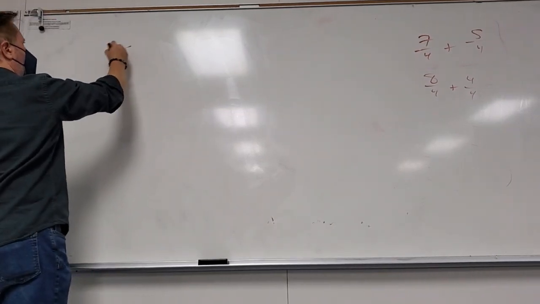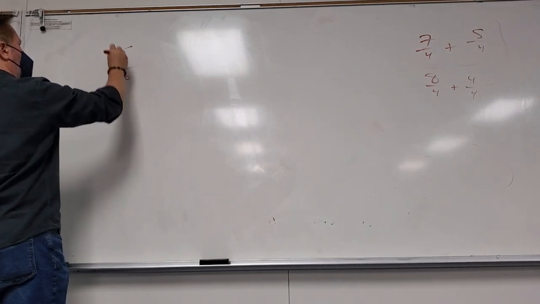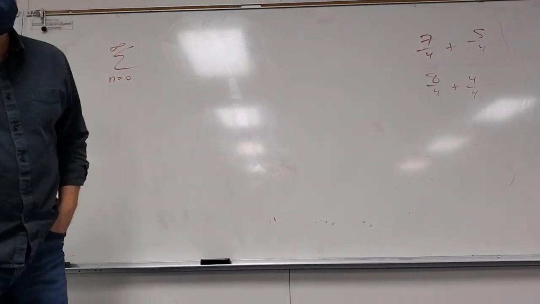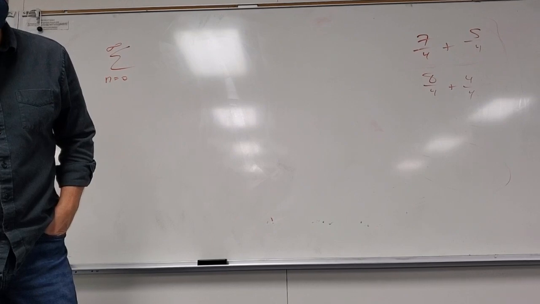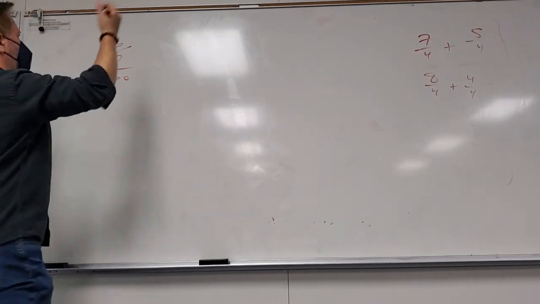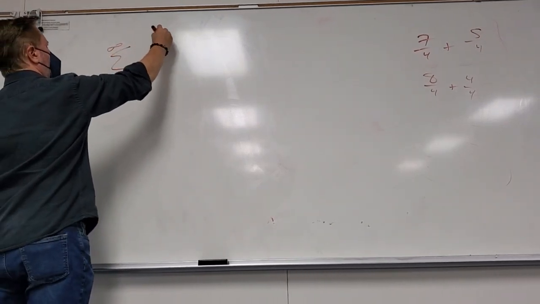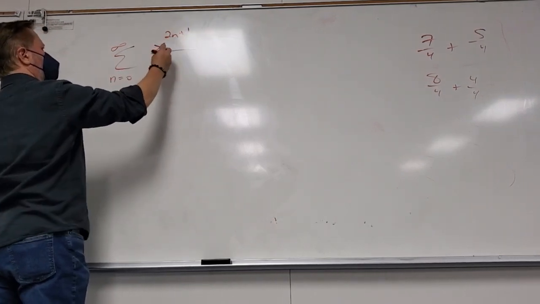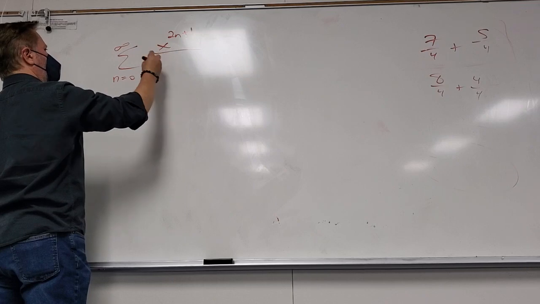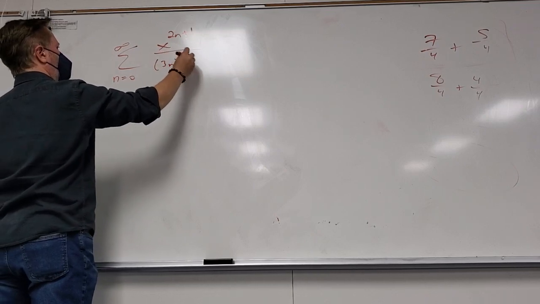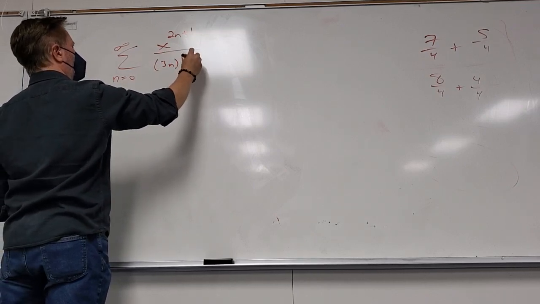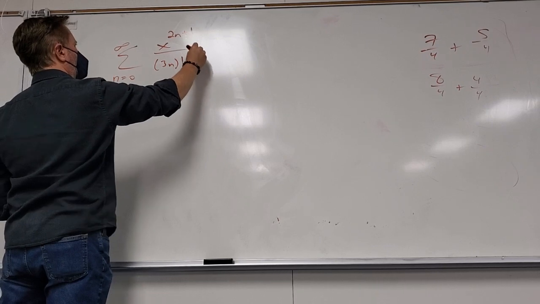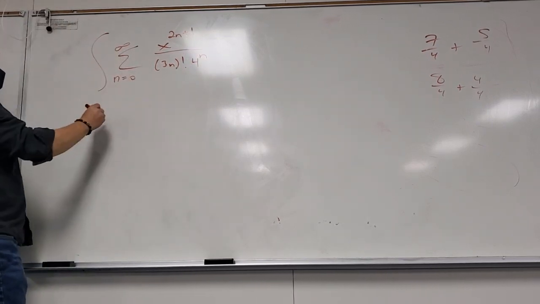So just to be fair, I'm going to make a different one. Not too different from this, but a little bit different. All right. So say I had this, and I want to integrate this.